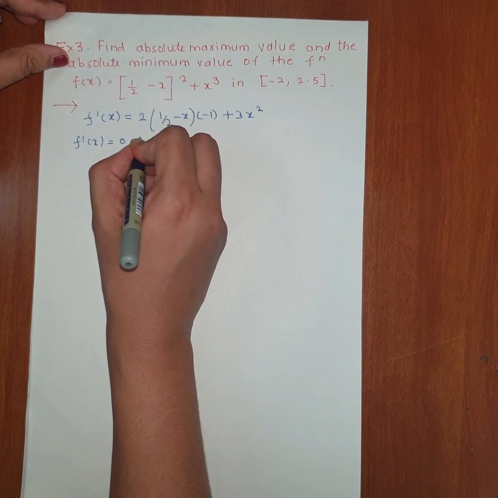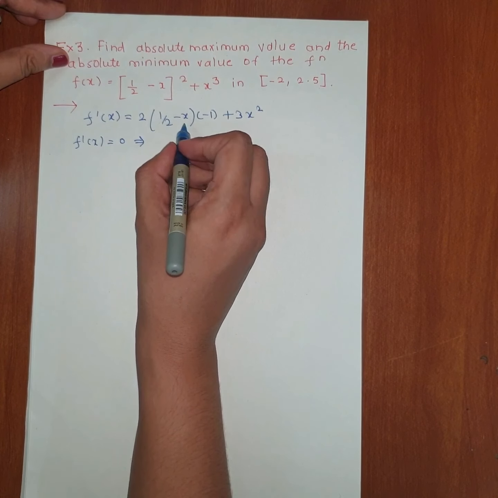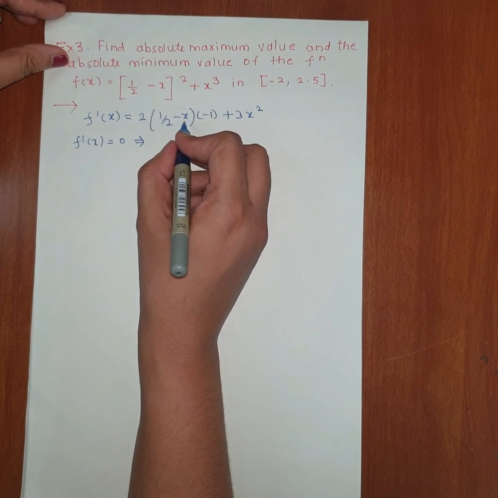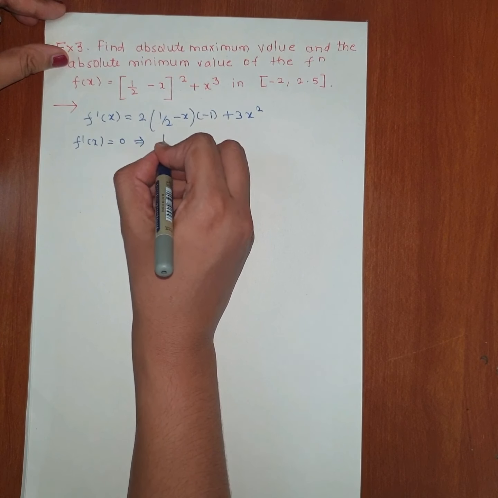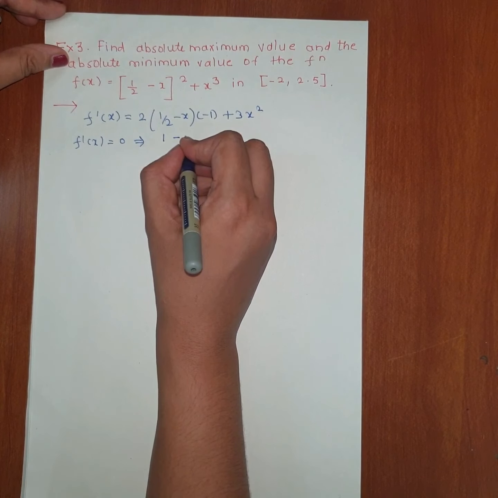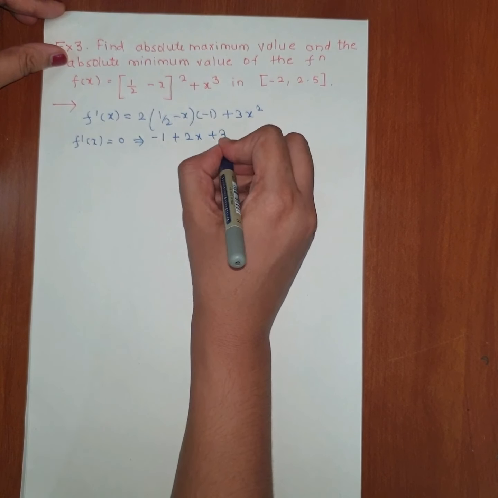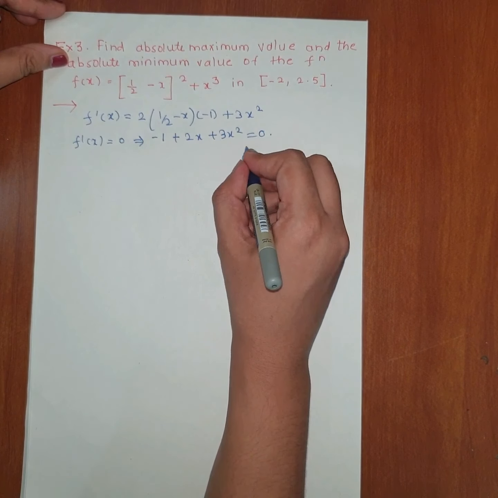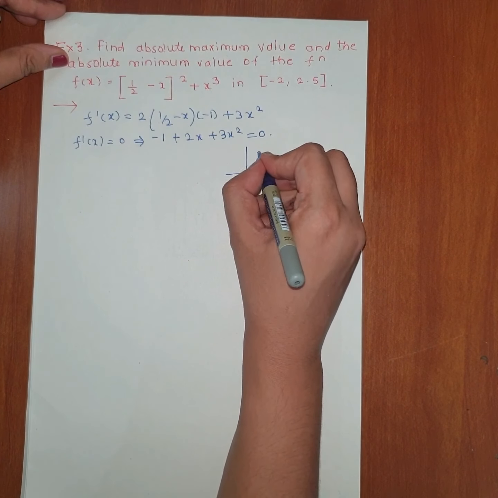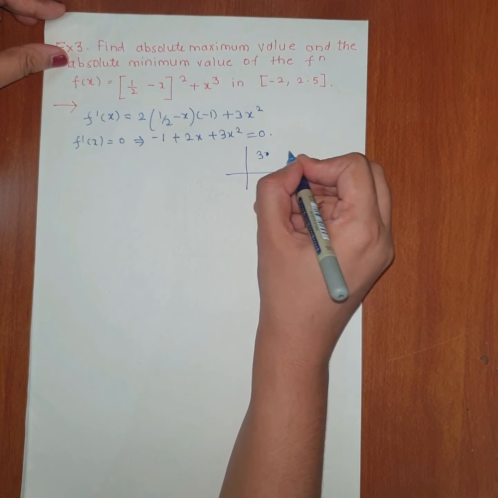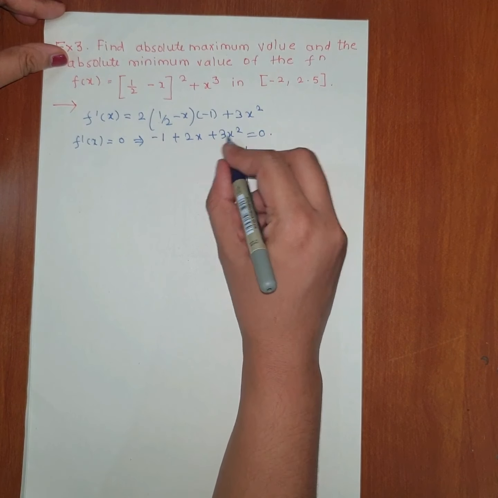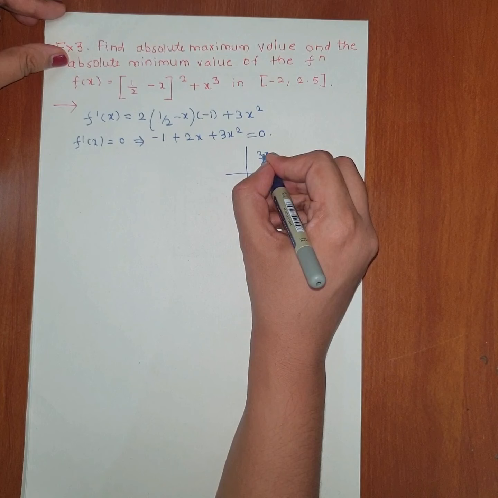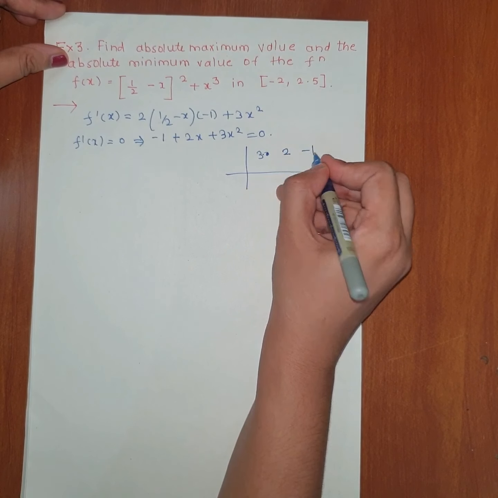So what we get, now first we have to do the calculation. So this is 1 minus 1 plus 2x plus 3x square equal to 0. So this is a quadratic equation and we solve it by synthetic division. So we have to take the coefficients of this quadratic equation: 3, 2, minus 1.